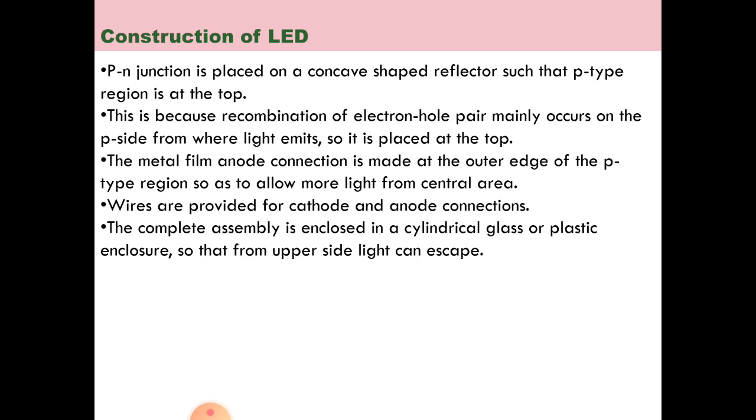The metal film anode connection is made at the outer edge of the p-type region so as to allow more light from the central area. Wires are provided for cathode and anode connection. The complete assembly is enclosed in a cylindrical glass or plastic enclosure so that the upper side light can escape.